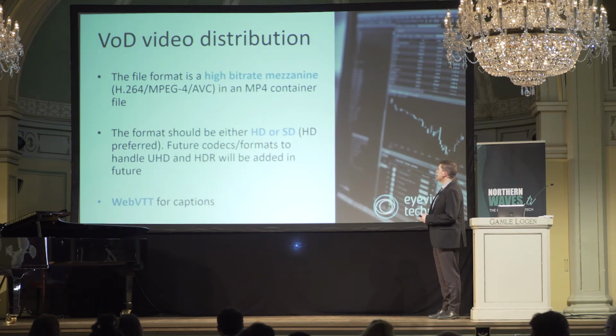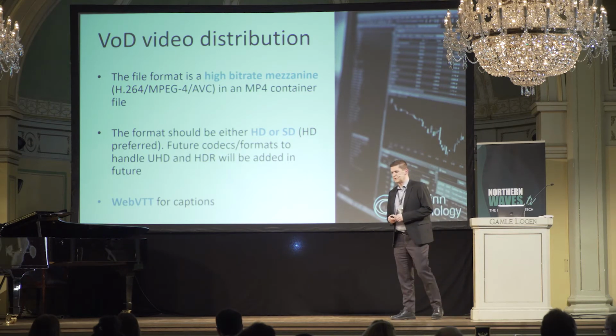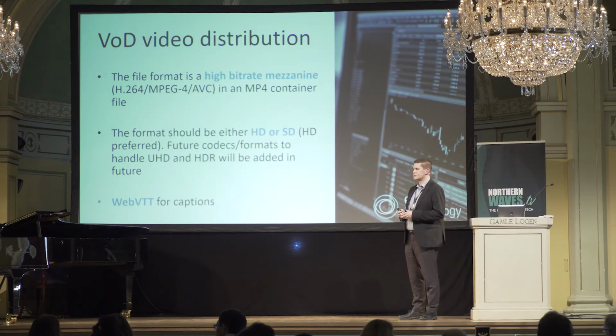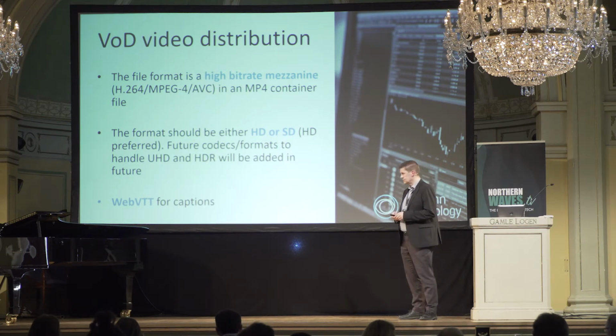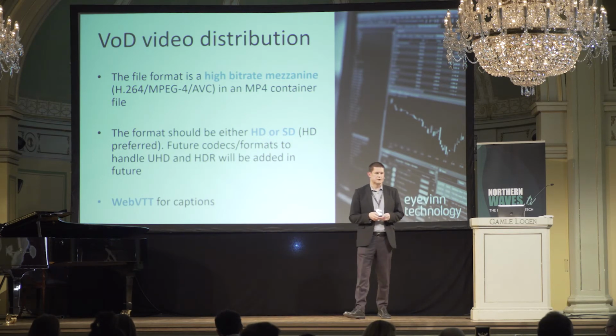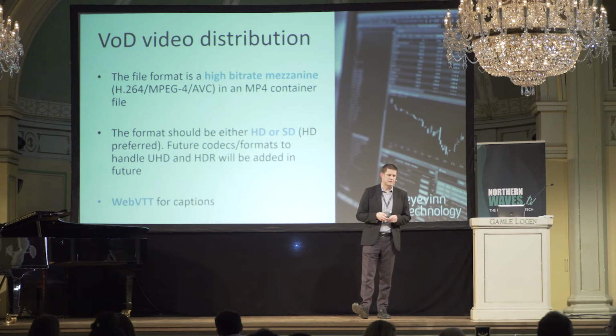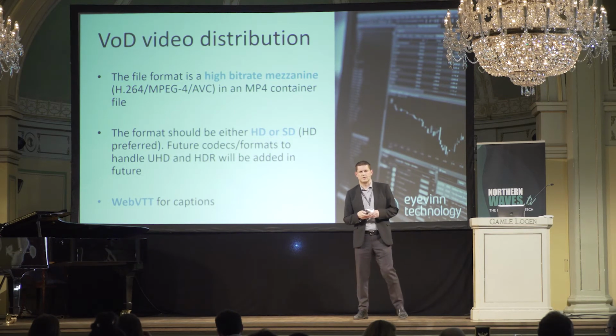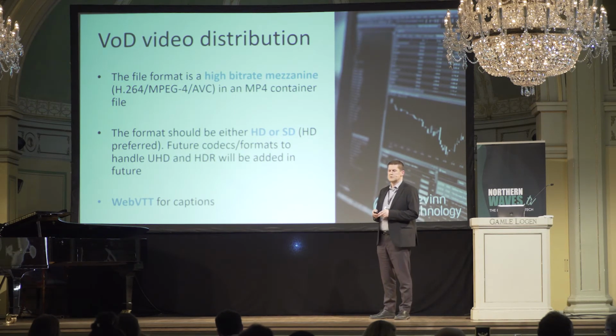And for video on demand, we have specified the file format to distribute the VOD from the broadcaster to the operator. And we also specified a little bit around formats and captioning. And to again refer back to Magnus, captioning and subtitles is one tricky scenario that is also specified.